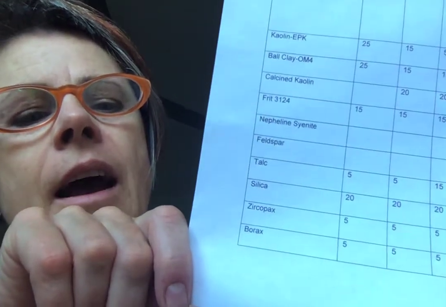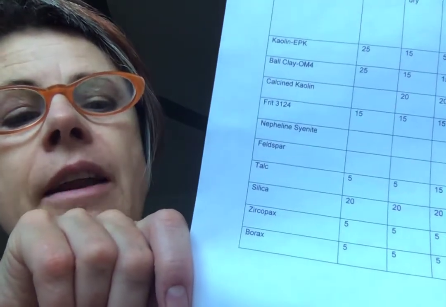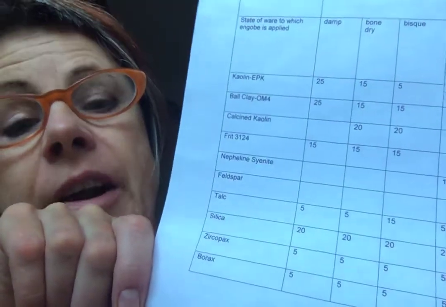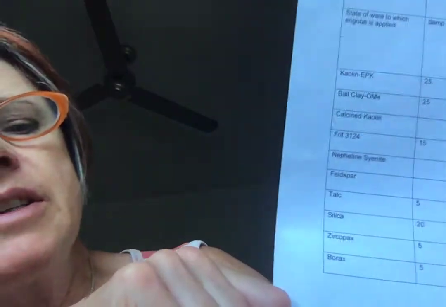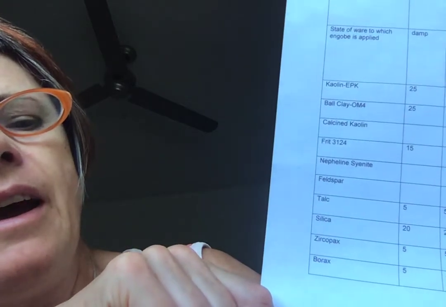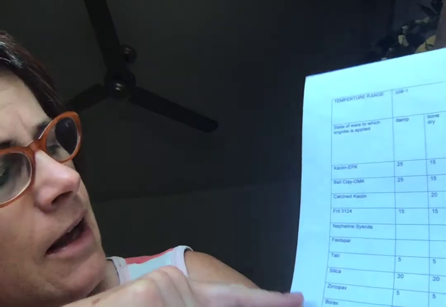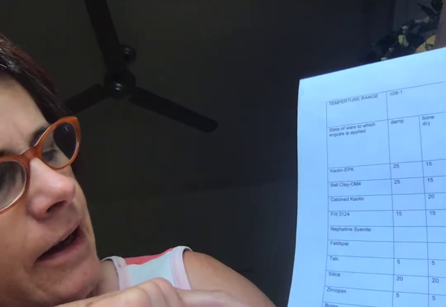And then you might also add talc at a low temperature, and that also helps decrease shrinkage, so that's a good addition, in higher amounts when you're making a bisque application slip. Okay, what else do we have on here? Oh, the silica, which is going to harden your slip and enable it to fuse with your glaze. Zircopax for opacity, and borax for hardening.